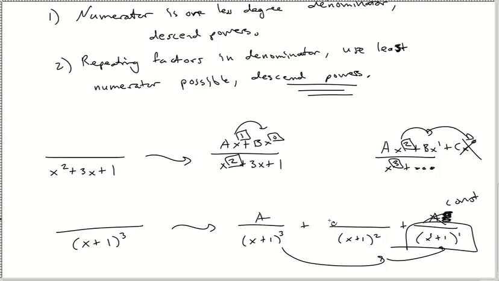So I'm going to do A here, B, and then C. I'm going to use the same kind of numerator every time, but I want the least complicated one. If you had this one here, you would say that's x cubed, so I need to start with a square, and then a regular, and then a constant, and put that here and there. No, no, let's just keep it easy.